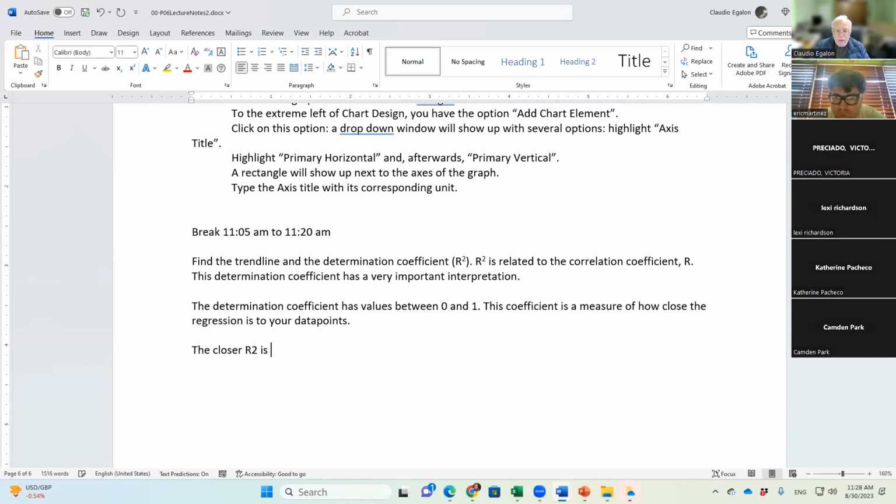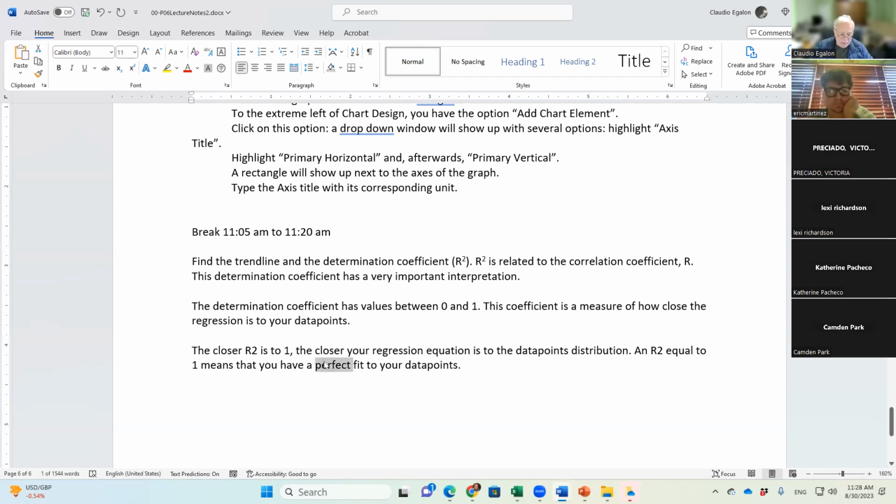Okay, the closer R square is to 1, the closer your regression equation is to the data points distribution, right? An R square equal to 1 means that you have a perfect fit to your data points.